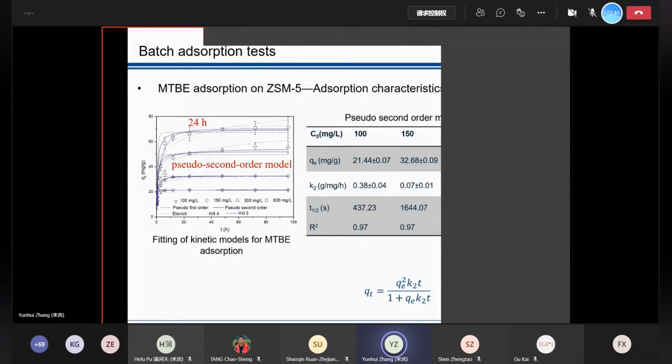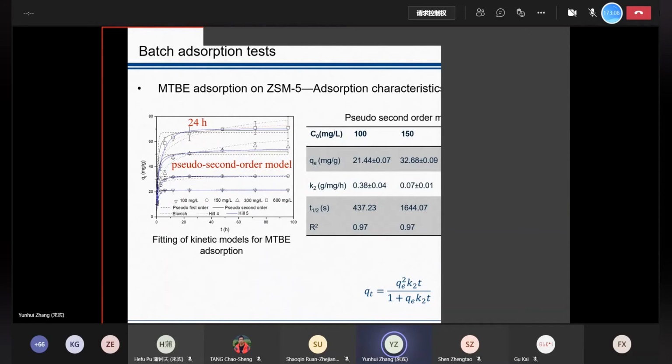For the half adsorption time, it is typically considered as a measure of the adsorption rate. And from this table, it increased with the increase in MTBE concentrations, indicating the increase in the adsorption rate with the increase in MTBE concentrations.